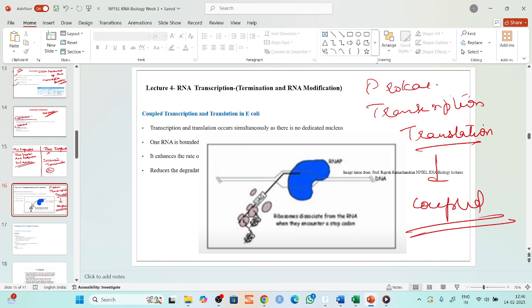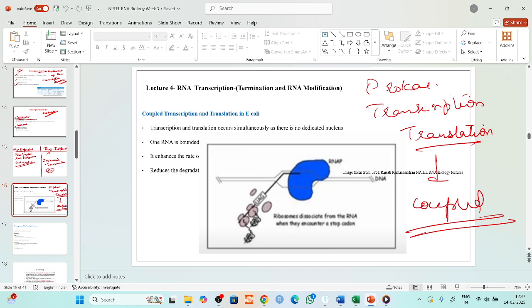But in the case of eukaryotes, transcription happens in the nucleus, whereas translation happens in the cytoplasm. So the transcription has to be completed first. Your RNA has to be formed, then only it can come out of the nucleus into the cytoplasm, and then only your translation can start.